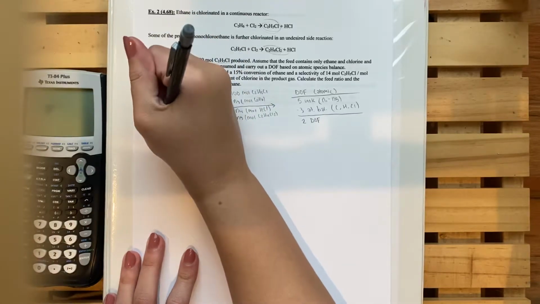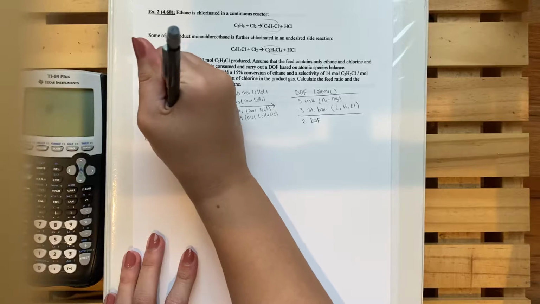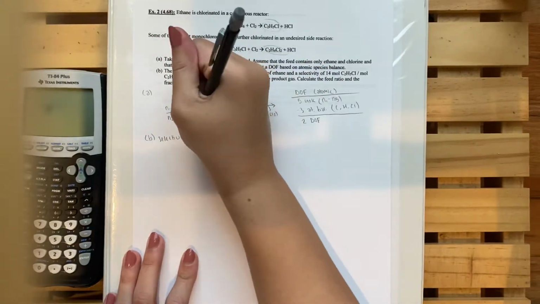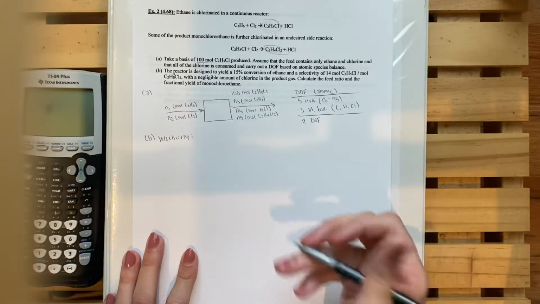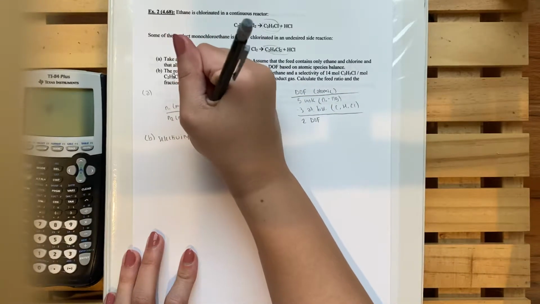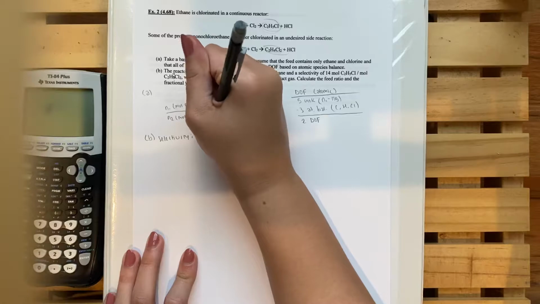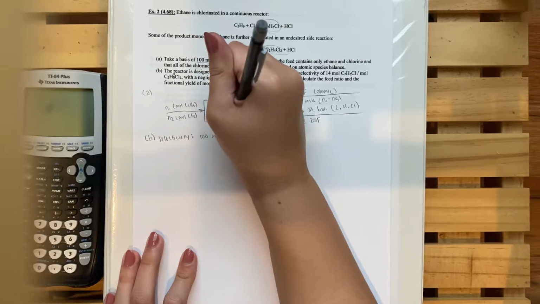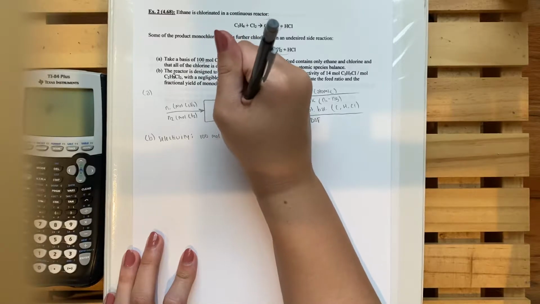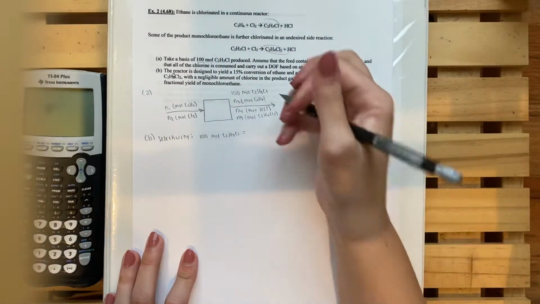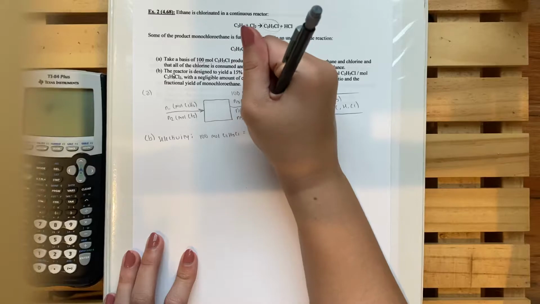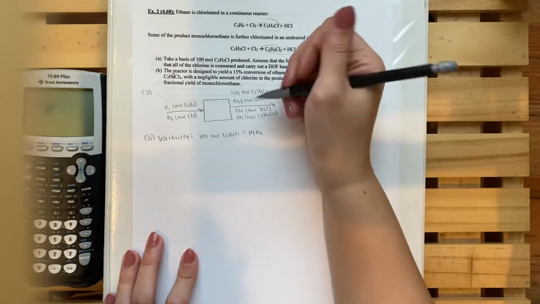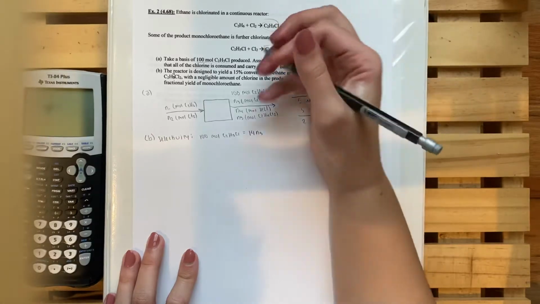So here what we're going to start off with is the selectivity. So using the selectivity, we know that 100 moles of monochloroethane equals 14 times N5, since N5 is this undesired side product.